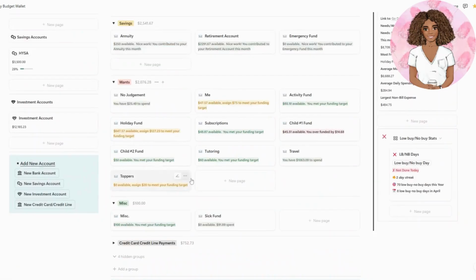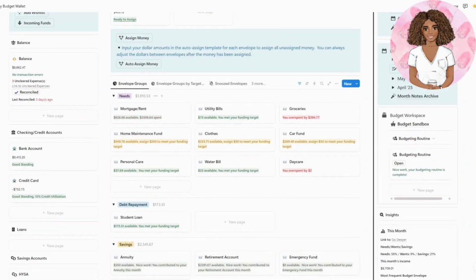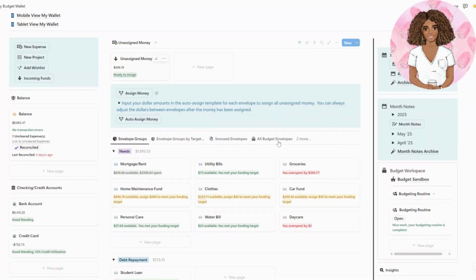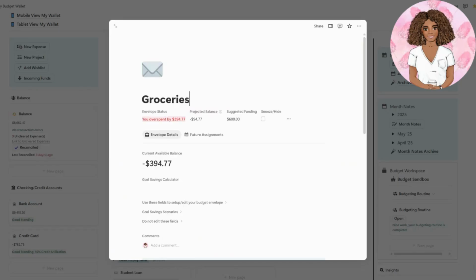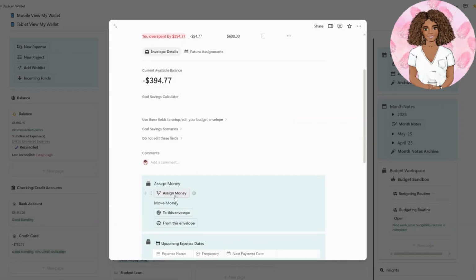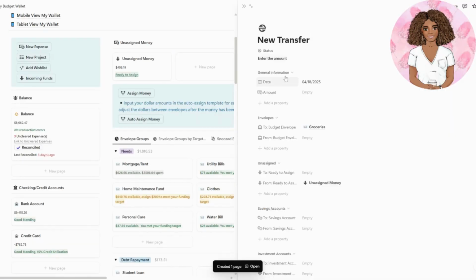It's great. Okay, so at this point, the really only other place to put the money left over, the 406, is in the groceries. So I'll go ahead and do that, assign the rest of it just to get it topped up. Oh shoot, and I have forgotten what was the amount I owed it? 394.17, I think.